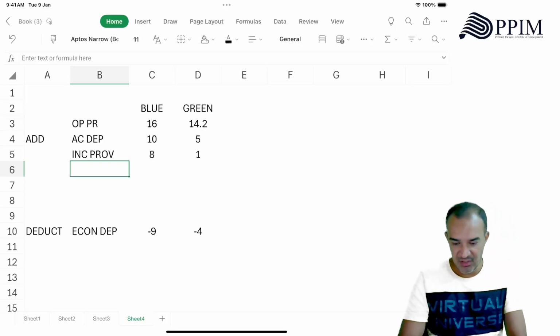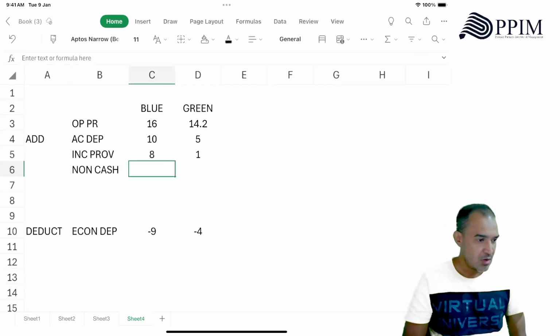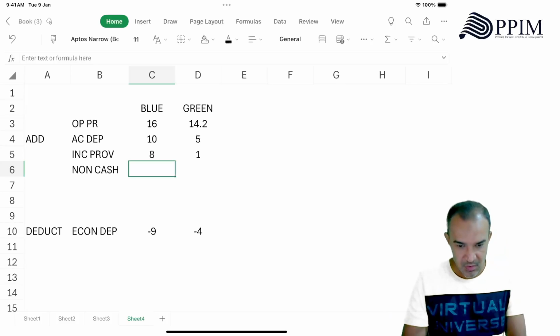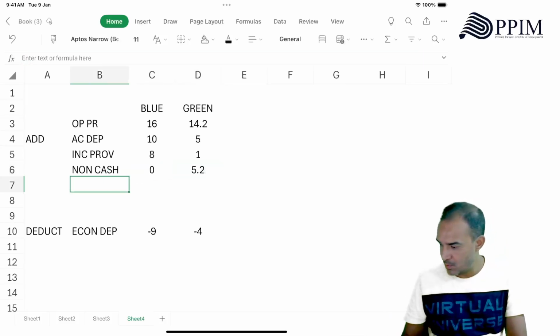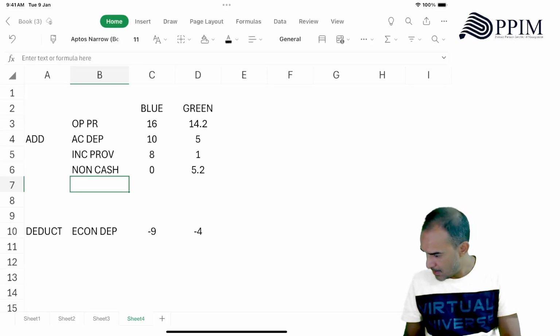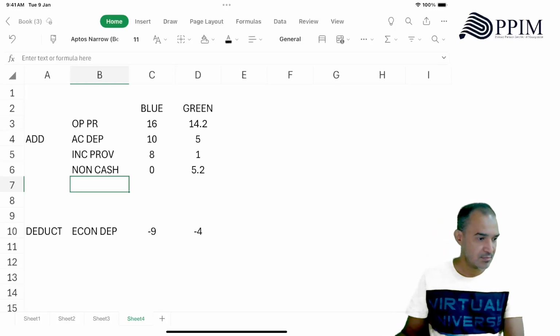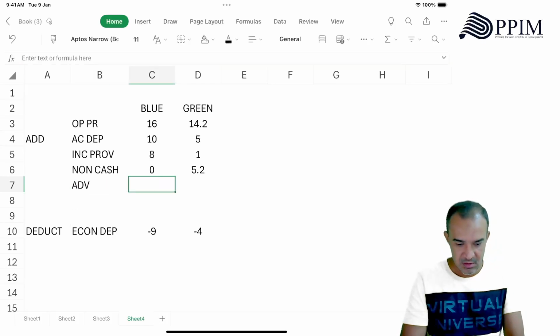If there is non-cash, non-cash is no cash flow movement, so we need to add it back. 0 and 5.2. Then there is advertisements, 2 and 0.